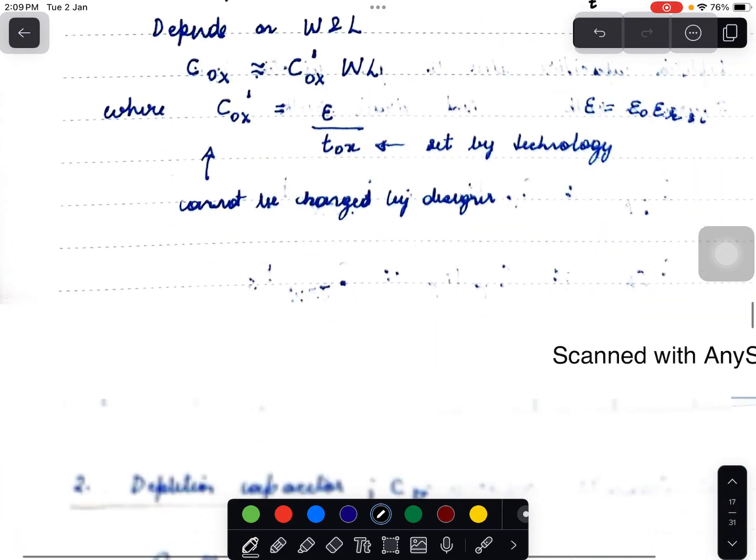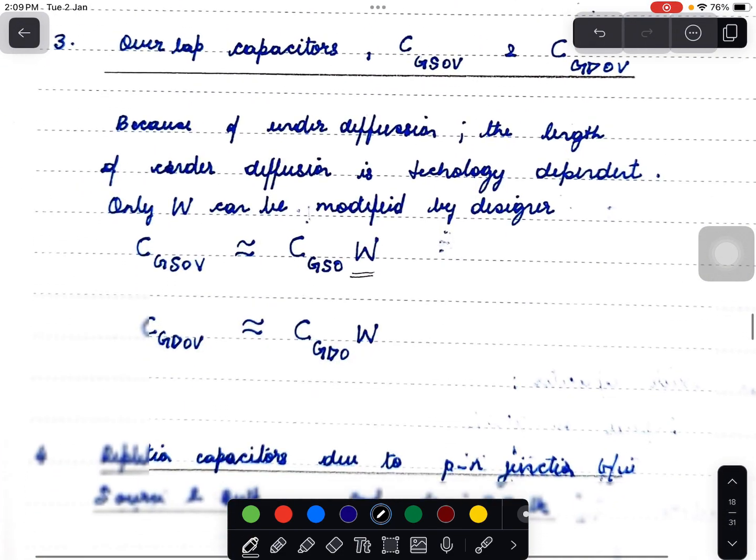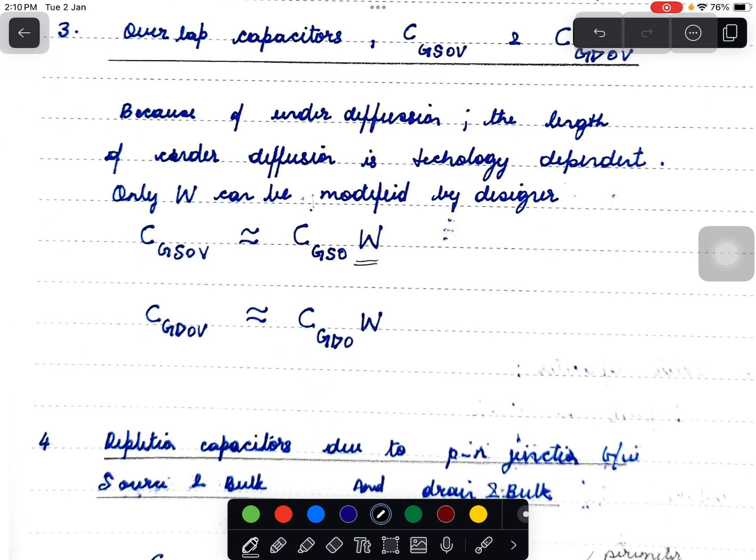So CGS overlap equals CGS naught times width, as also the gate to drain overlap equals CGD naught times width. So this equation means that the designer can choose the value of W and decide the gate to drain overlap capacitance or the gate to source overlap capacitance.